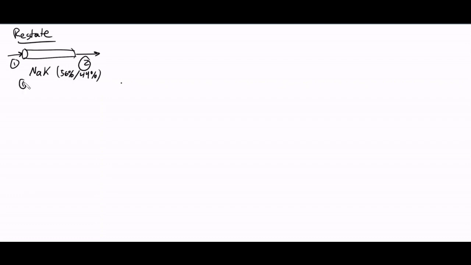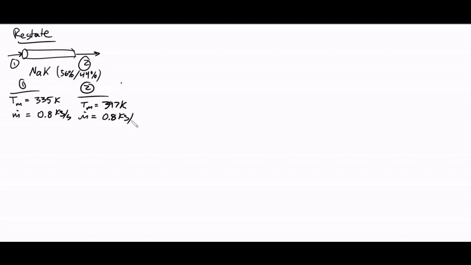Okay, so initially going into the pipe, which I'm calling state 1, our liquid metal has a mean temperature of 335 Kelvin and a mass flow rate of 0.8 kilograms per second. And coming out, the sodium potassium has a mean temperature of 397 Kelvin and a mass flow rate of 0.8 kilograms per second. That, of course, doesn't change.